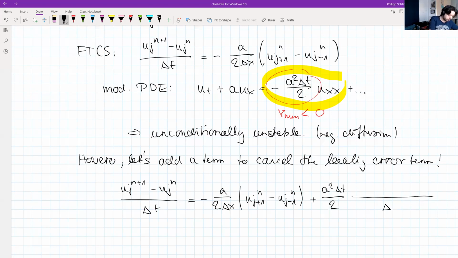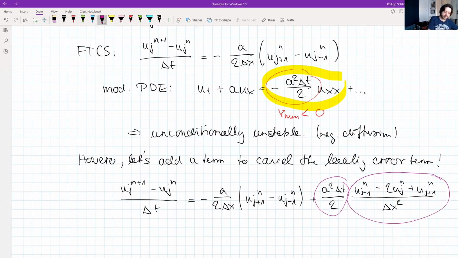So delta x squared, and up in the numerator I have u_j-1^n minus 2 u_j^n plus u_j+1^n. So this is the prefactor, and this here is just a finite difference approximation of the second derivative.